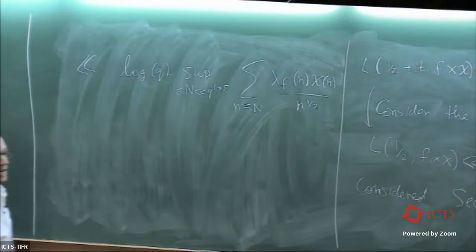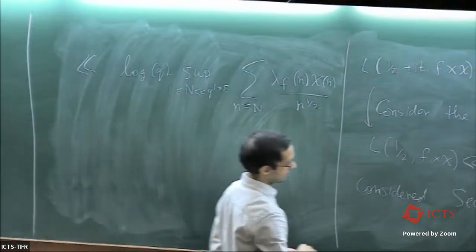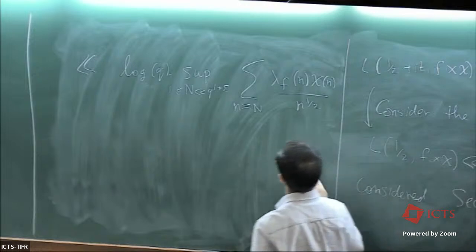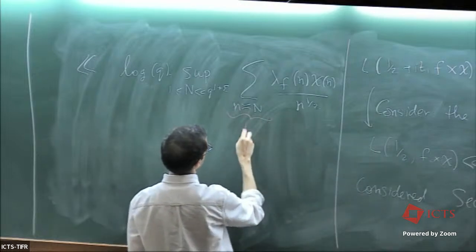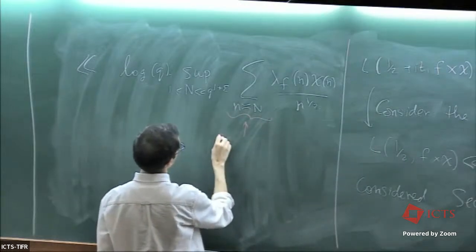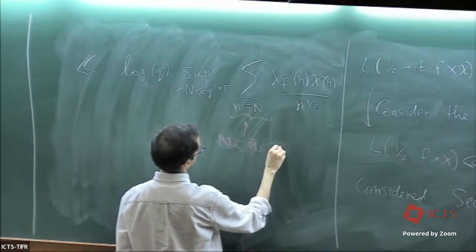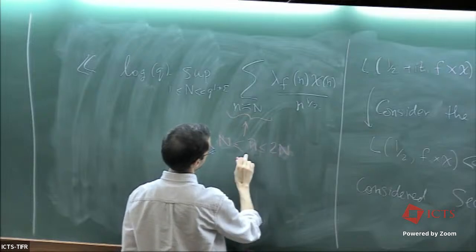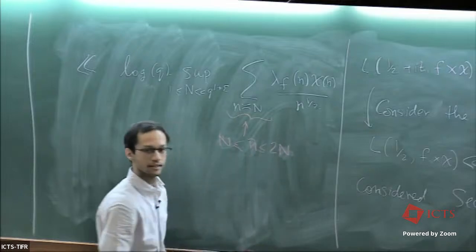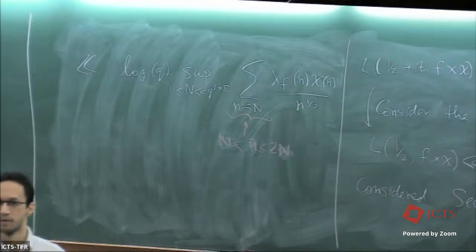And again, when I'm writing this particular notation, I mean that there is a smooth bump function that makes sure that the small n is in between these things. Okay, so there is a smooth bump function. It's not a sharp cutoff.